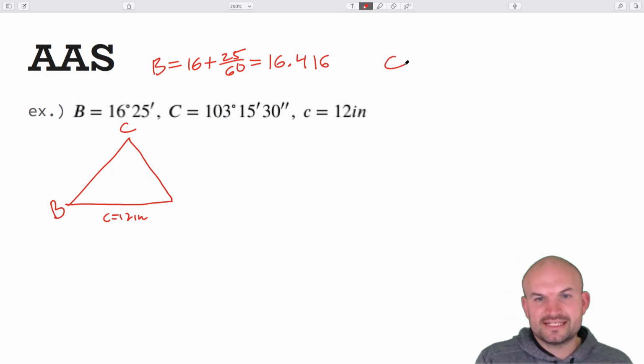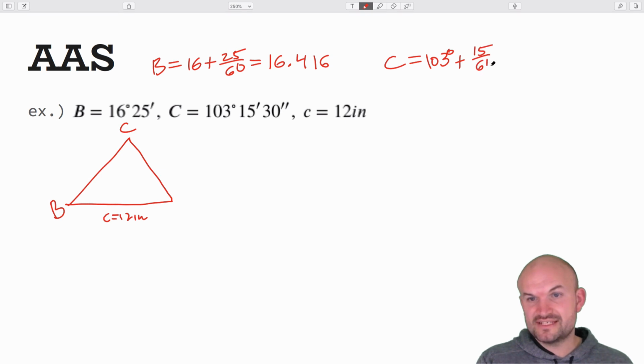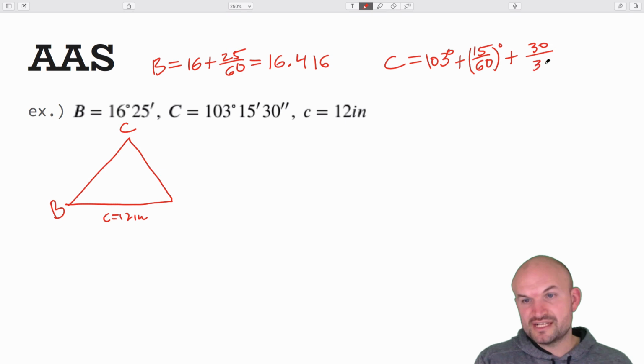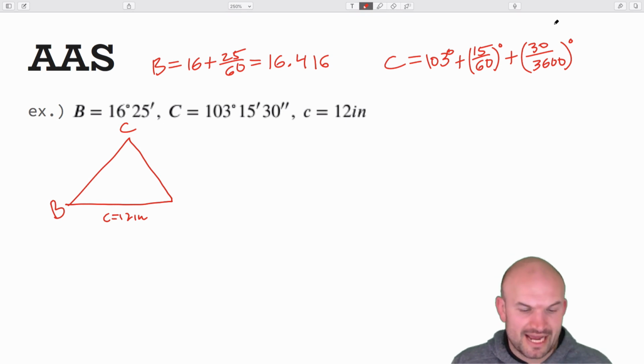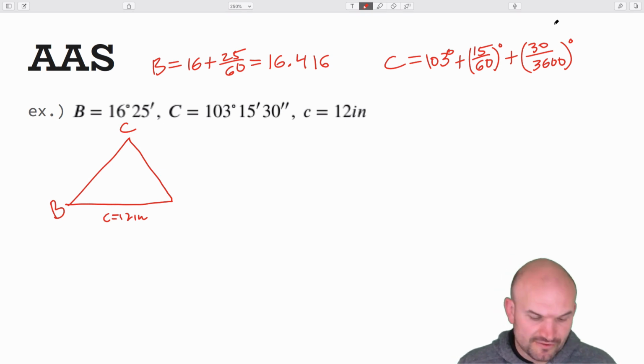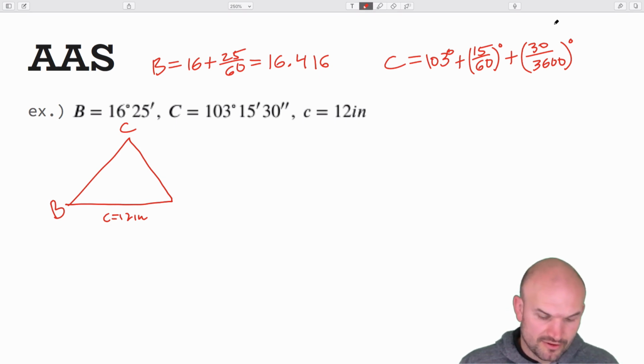Then I'll calculate C. In this case, I'm going to have 103 degrees plus 15 out of 60 for the minutes plus 30 out of 3,600 for the seconds, because there are 3,600 seconds in a degree and we only have 30 of them. That is the notation for degrees. So I'll do 103 plus 15 over 60 plus 30 divided by 3,600.